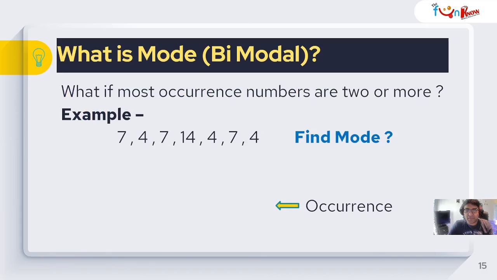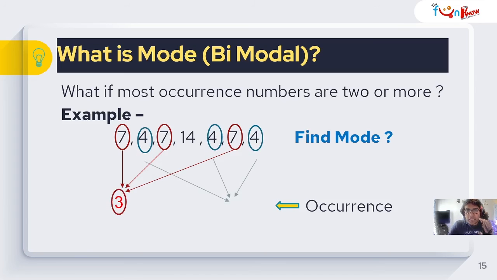Okay, now one can say, if I take this example where we have 7, 4, 7, 14, 4, 7, 4, what is happening in this data? 7 occurs how many times? 3 times. And 4 also comes 3 times.